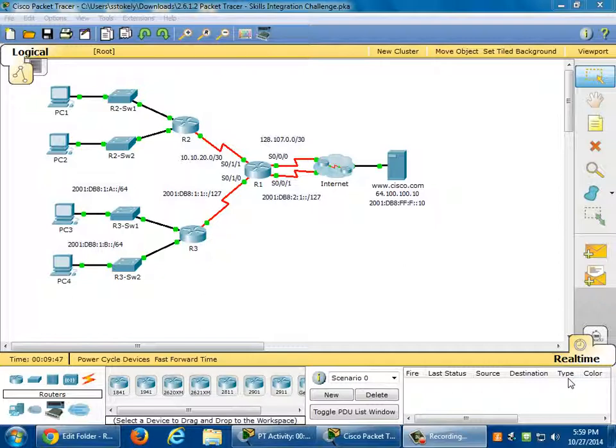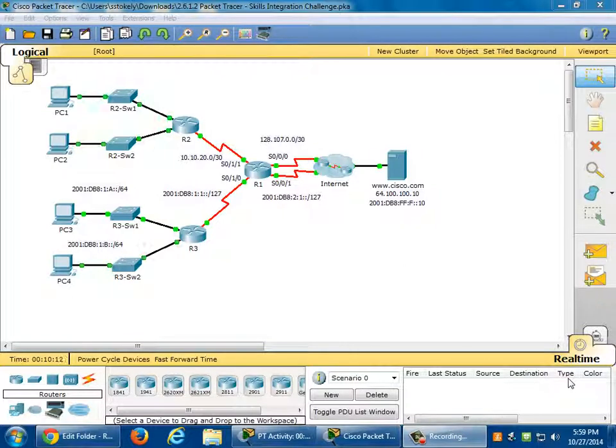Sorry, let me fix this one. This was on router 2. This one's on router 3. Okay? Just to get you where we're at. Now we have 2 that are on router 1. Okay? We know, and it's asking for the default route off of router 1. Okay?